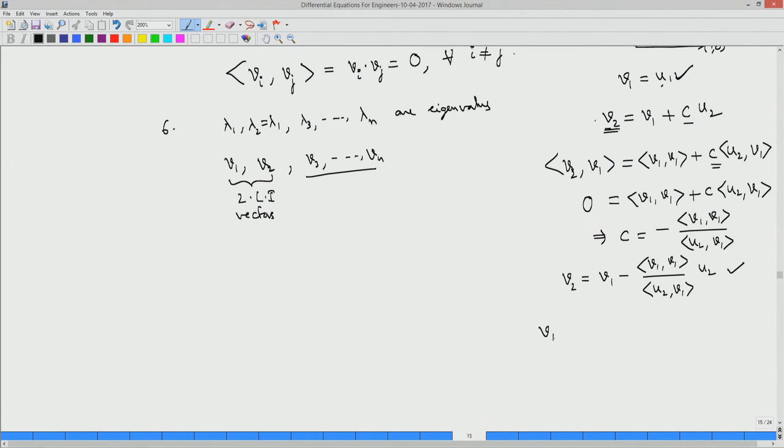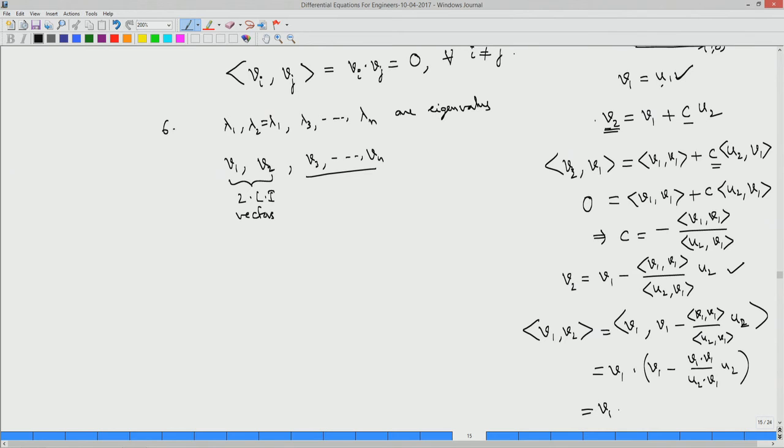If you take the dot product of V1 with V2 and replace V2 with this expression, it is nothing but V1 dot V1 minus V1 dot V1 by U2 dot V1 into V1 dot U2.